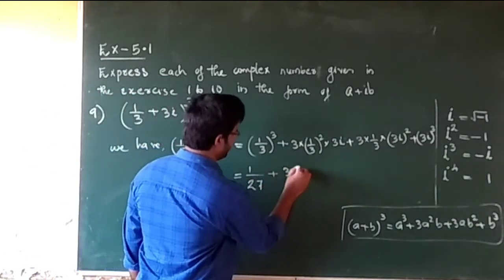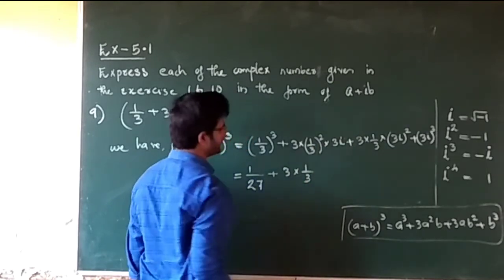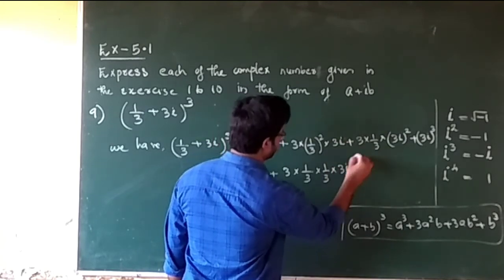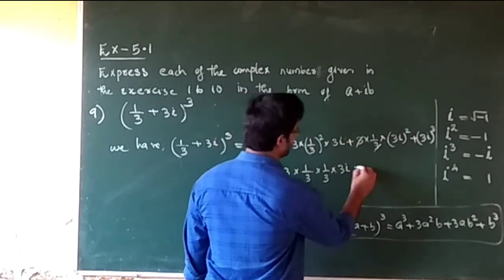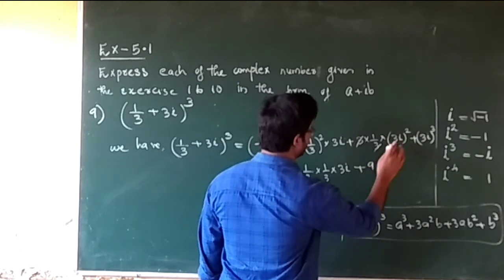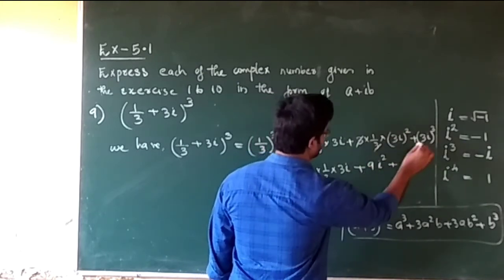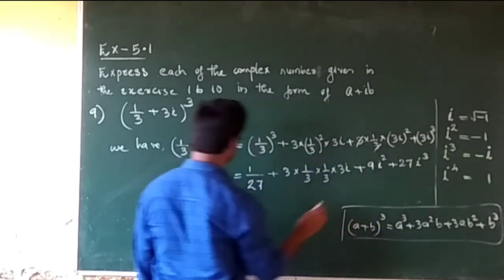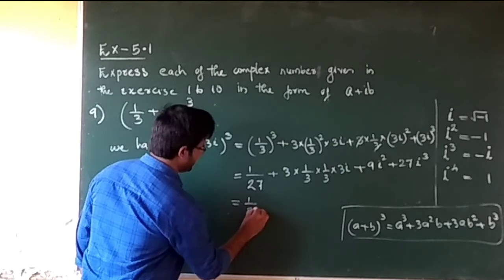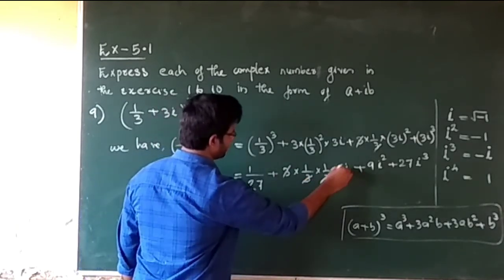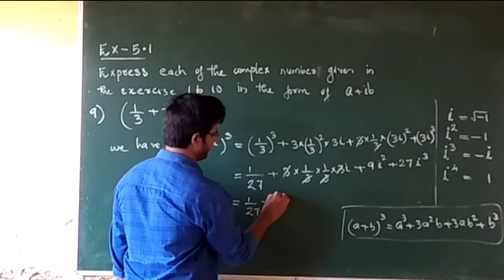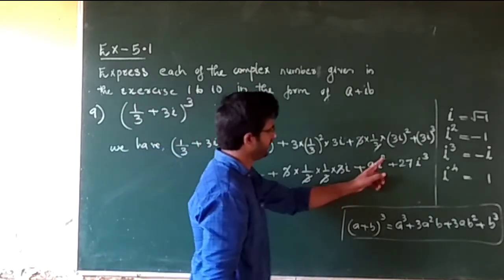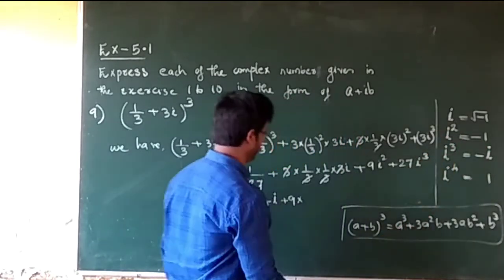27. 3 into 1 by 3 whole square, we can write 1 by 3 into 1 by 3 into 3i. Here 3 and 3 cancel, correct? Then the remaining 3 square is 9, then i square. Then 3 cube is 27 into i cube, 1 by 27, 3 cancels, correct? Then only i remains. 9 into i square, what is i square? i square is minus 1.